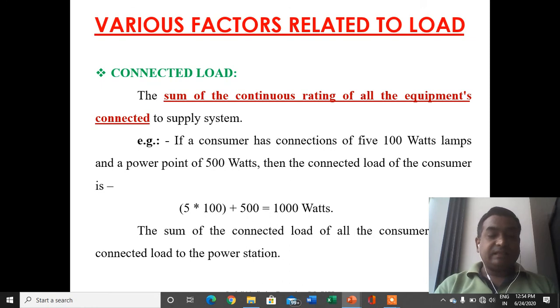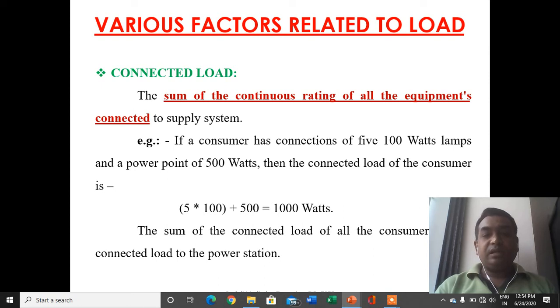Now let us discuss various important factors connected to load. The very first one is connected load. The connected load is defined as the sum of the continuous ratings of all the equipment connected to the electrical supply system.